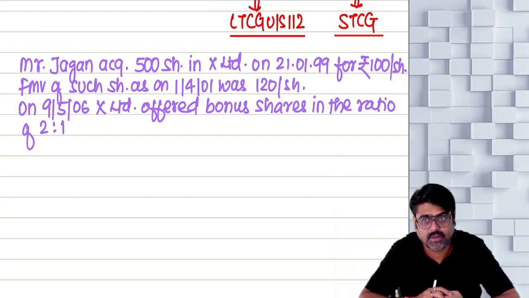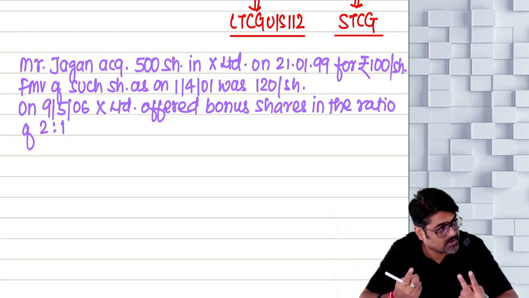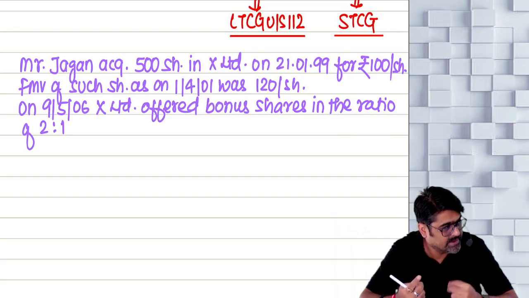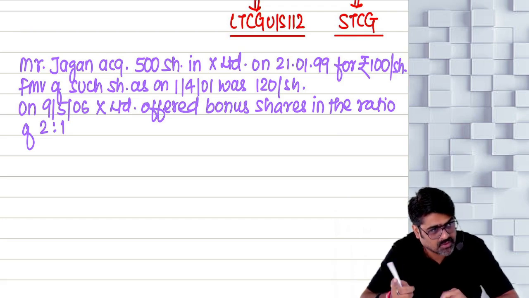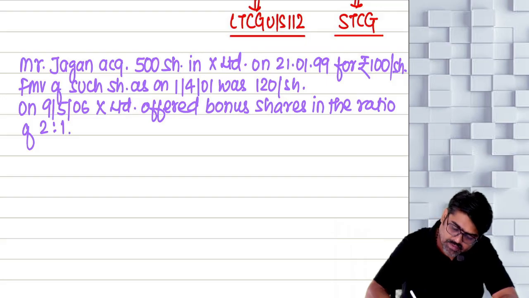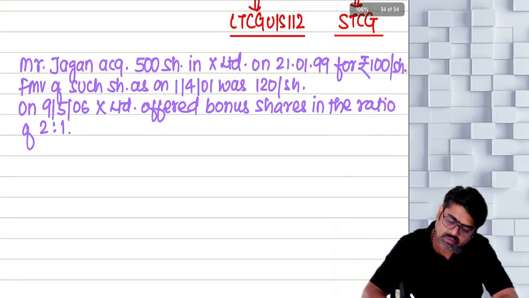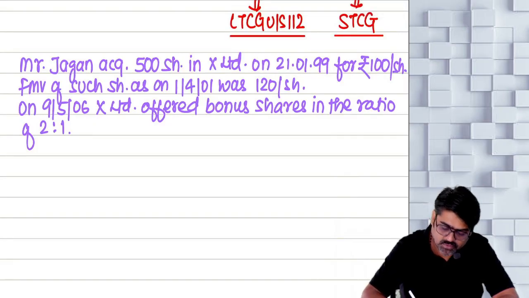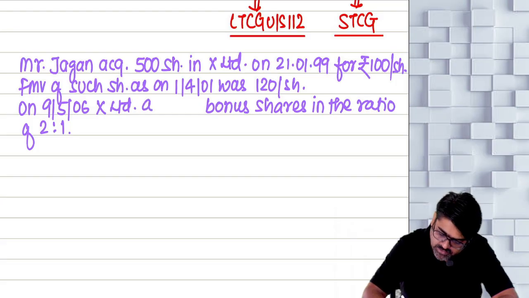For every 2 shares held, he will get 1 share as a bonus share. So how many shares is he holding? So how many bonus shares is he going to get? 250 only. Yes or no? Now, on 9th May 2006, X Limited offered bonus shares in the ratio of 2:1. Offered means allotted. I'll write down allotted. X Limited allotted.